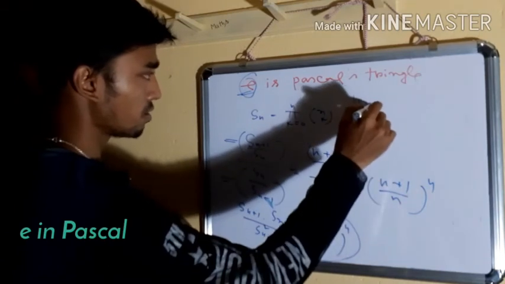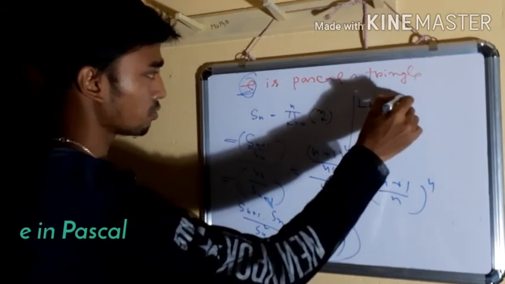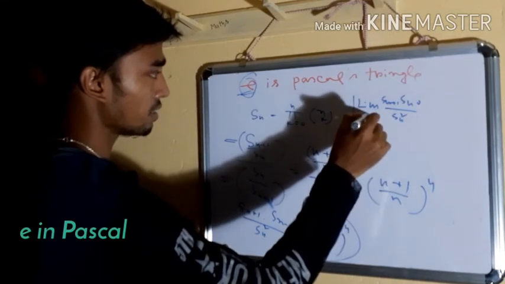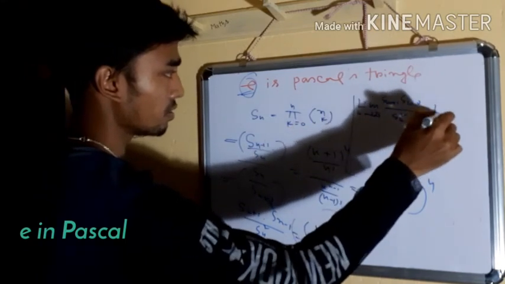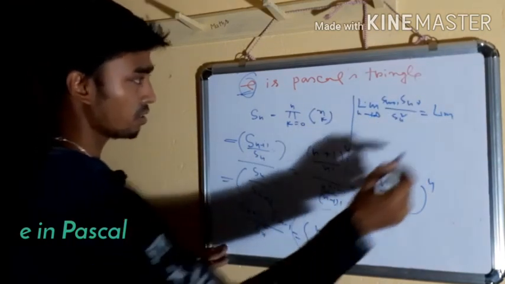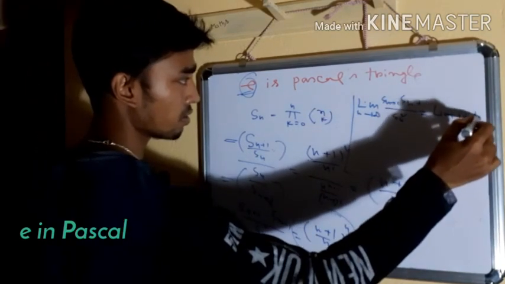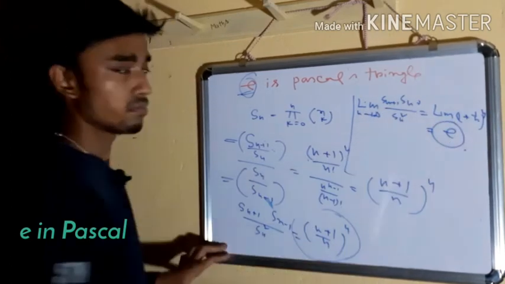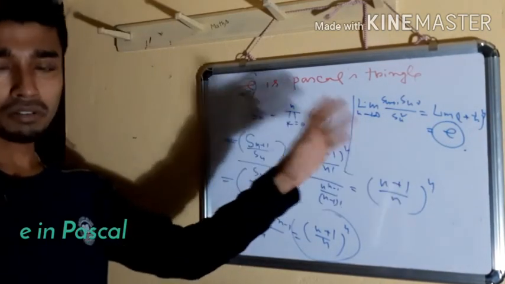So the limit of Sn plus 1 into Sn minus 1 by Sn square as n tends to infinity is the same as the limit of 1 plus 1 by n to the power n, and this is e.